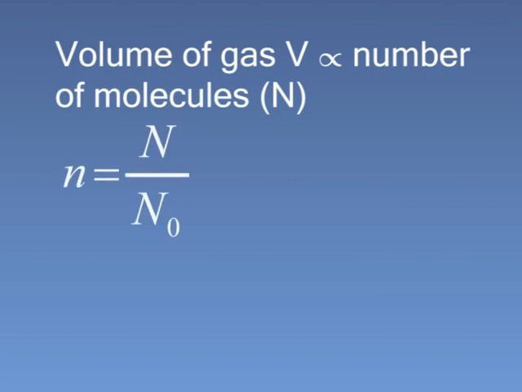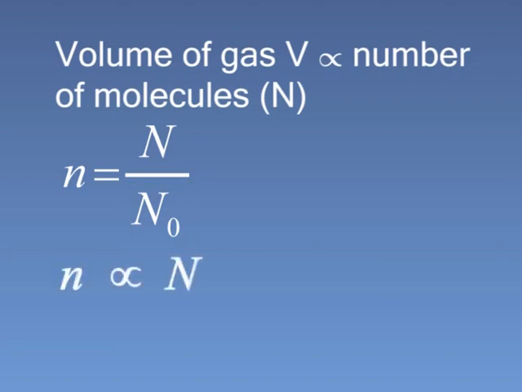As small n is equal to capital N upon capital N naught, that is, number of moles is equal to number of molecules capital N divided by Avogadro's number, where capital N naught, Avogadro's number, is constant.